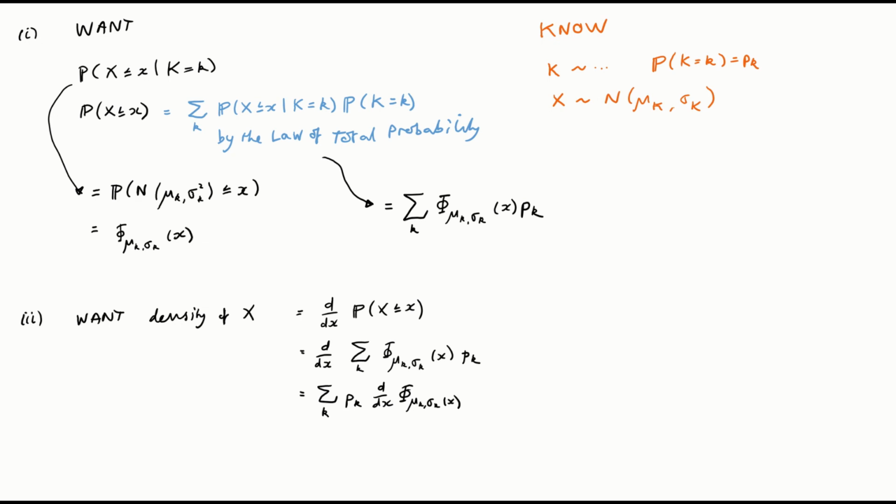I'm just going to write out exactly what it is that we're trying to differentiate. We want to differentiate this sum over k that we just found in the last part. I've rearranged it slightly. We're left with this nasty looking thing, d by dx of capital phi of x. So what do we do with that?